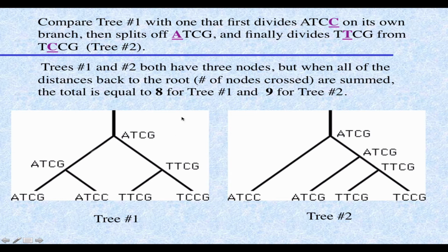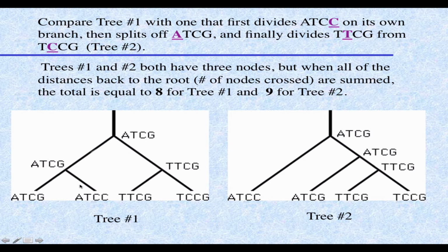But postulating a whole bunch of trees, we'll just look at 2 of them, both assuming the ancestor ATCG, which happens to be one of the sequences that we still observe. So there's no changes coming down the left-hand side, right? ATCG goes to ATCG without any evolutionary changes. So there's no cost on that branch of the tree.